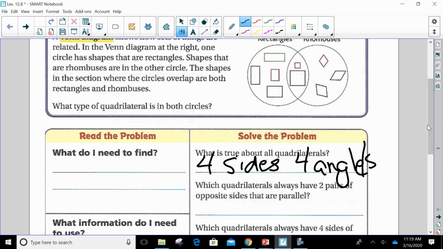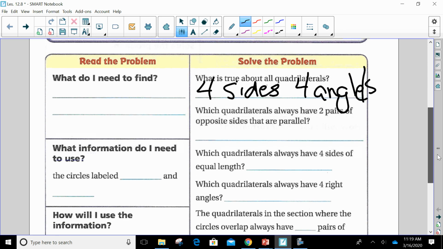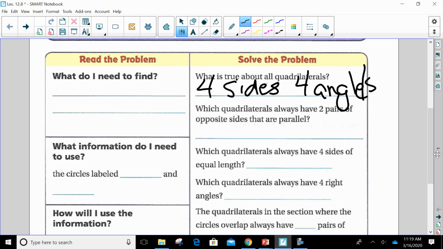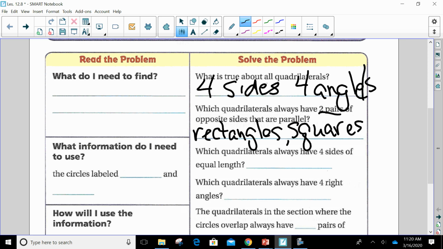Which quadrilateral always have 2 pairs of opposite sides that are parallel? Well, we have rectangles, has 2 pairs. Remember that, 2 pairs. Rectangles, squares, and rhombuses.